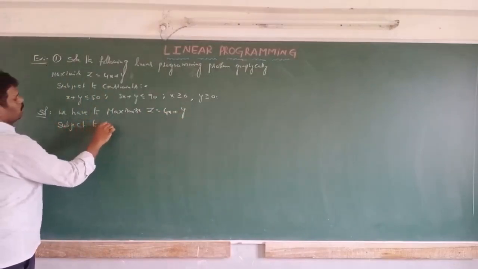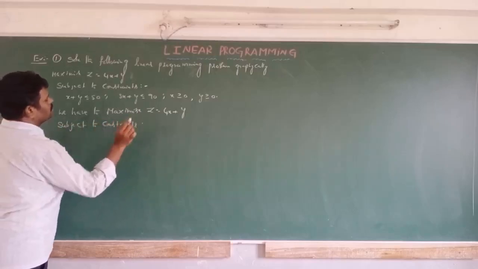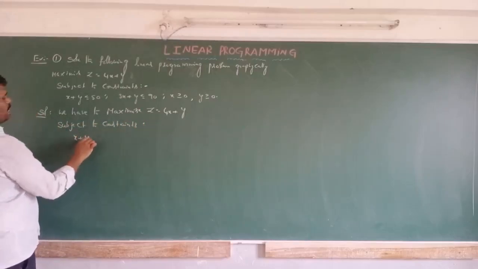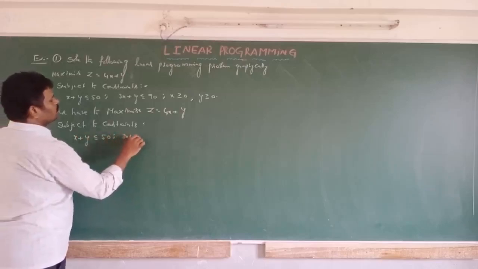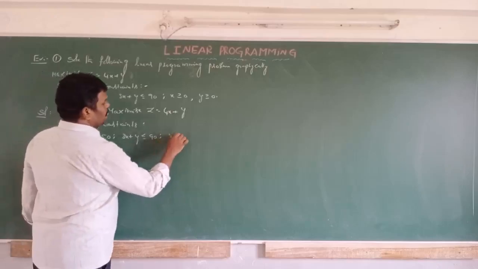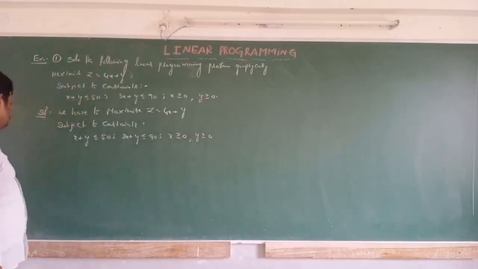Subject to the constraints given by x plus y less than or equal to 50, 3x plus y less than or equal to 90, x is greater than or equal to 0, y is greater than or equal to 0.